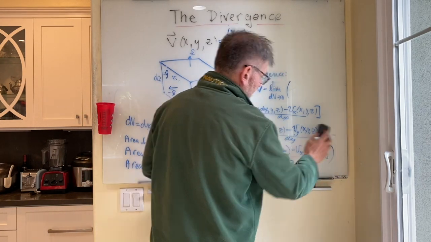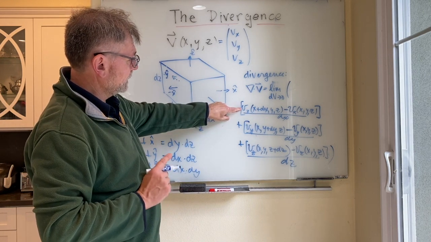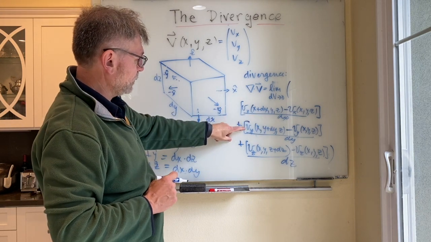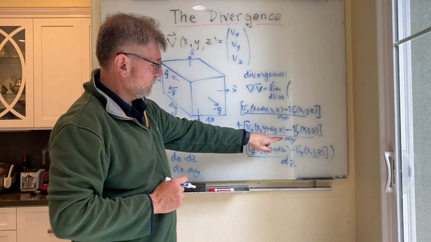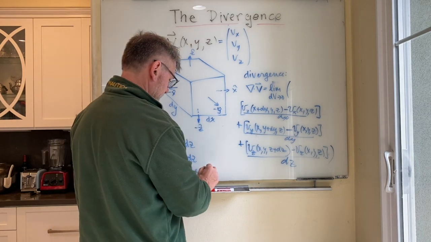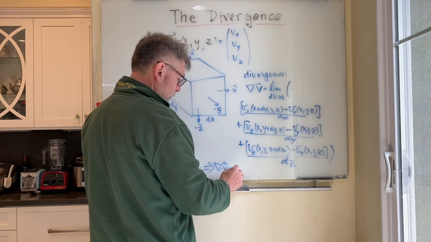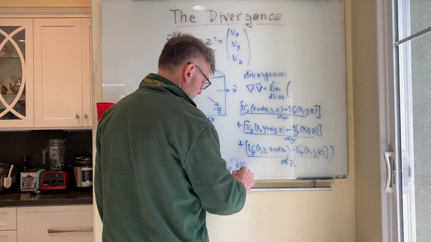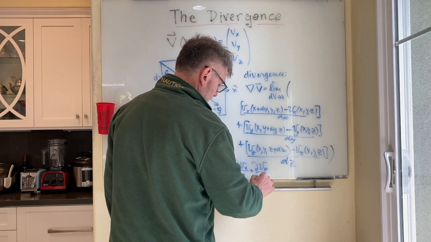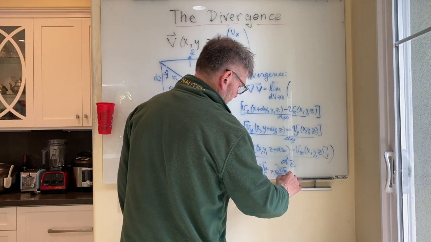And then when I take the limit, what you get is the partial derivative of the x component of v with respect to x. Here, the partial derivative of the y component of v with respect to y, and same thing down here. So what I get is that the divergence of v in Cartesian coordinates is just dvx/dx plus dvy/dy plus dvz/dz.